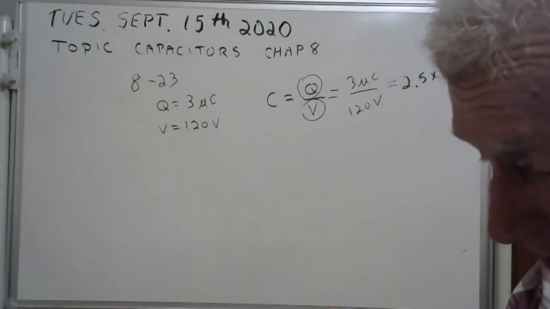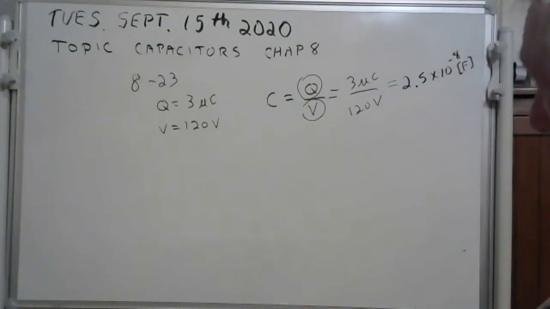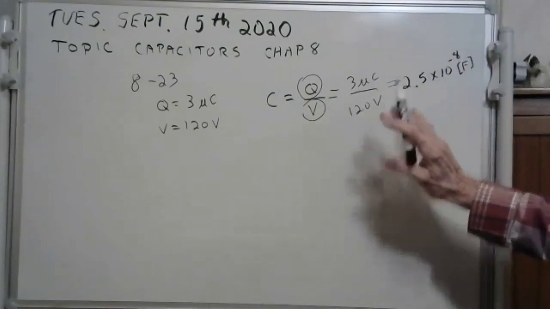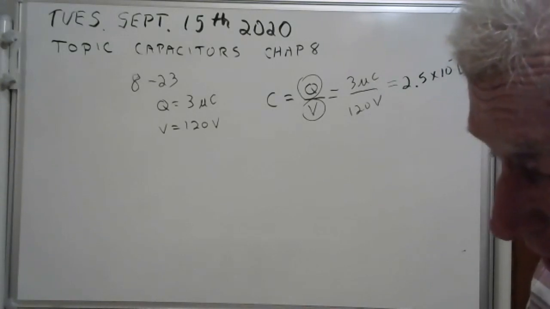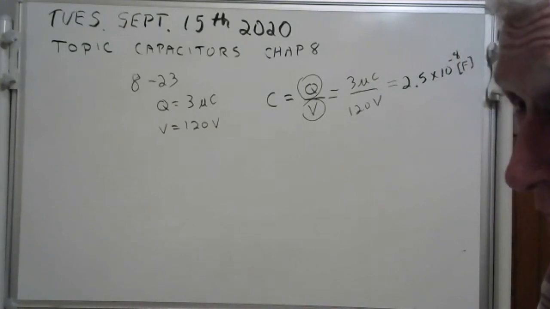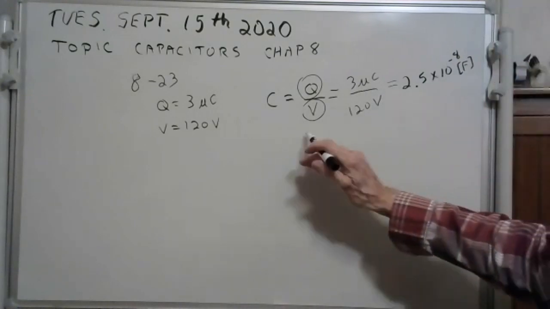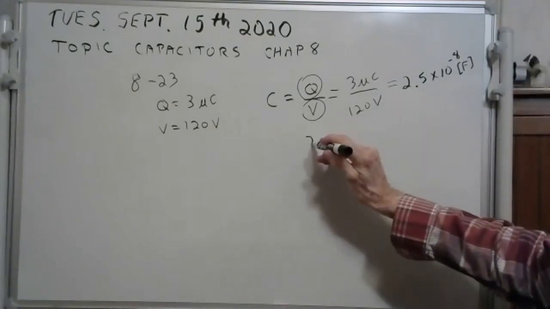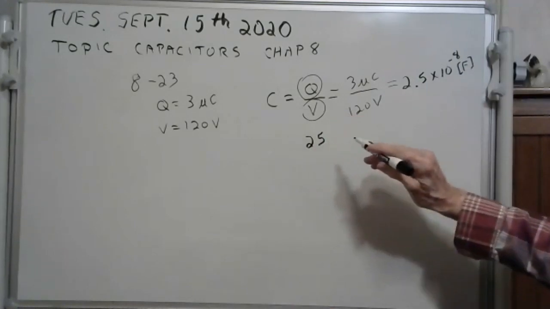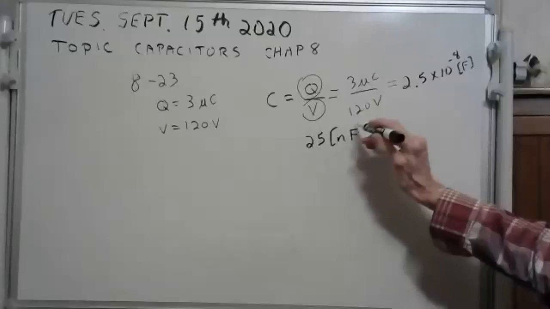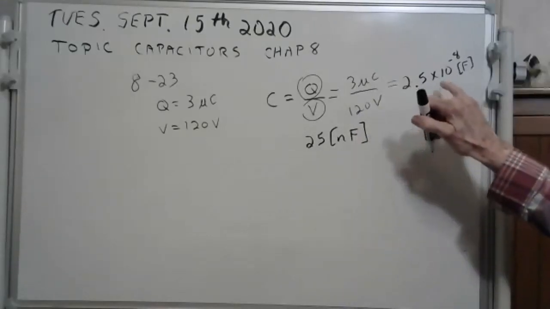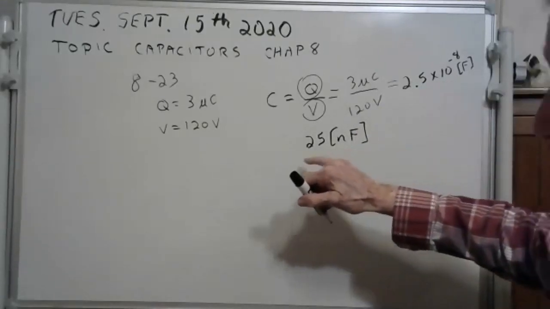Now, to make this more elegant, you make that 10 to the minus 9. Now that makes that smaller, and so what you get is 25 nanofarads. Because nano is 10 to the minus 9.